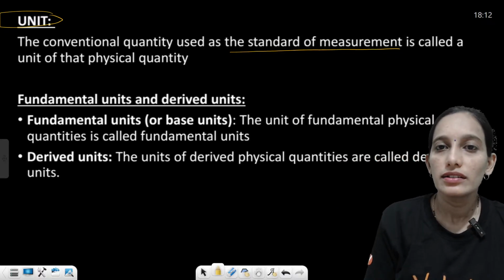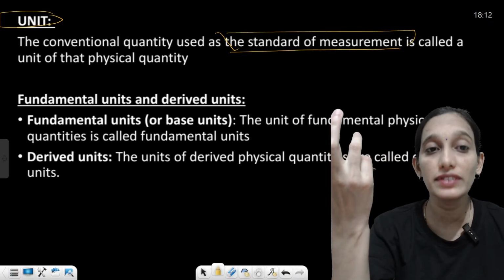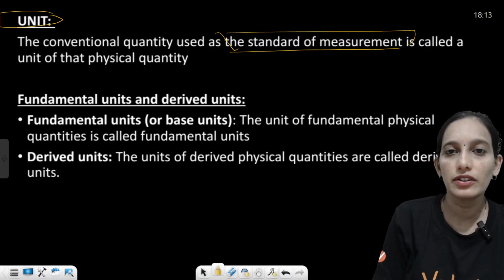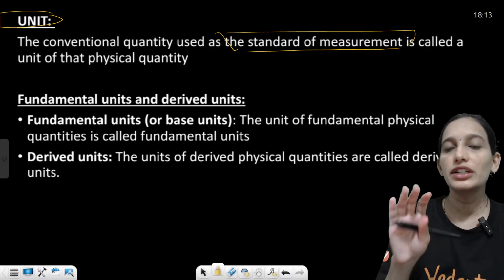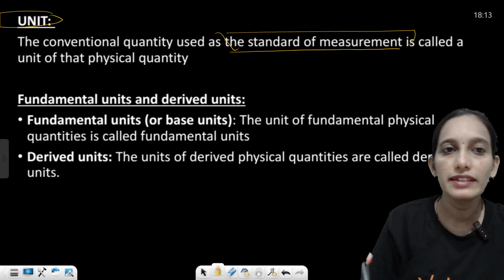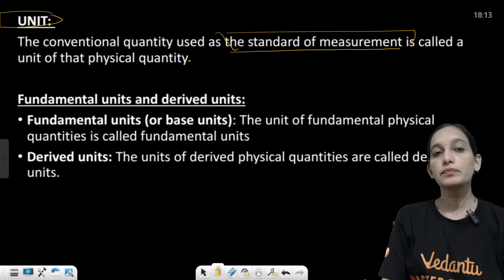The standard reference which we use to measure any physical quantity, that is nothing but a unit, the unit of that physical quantity.